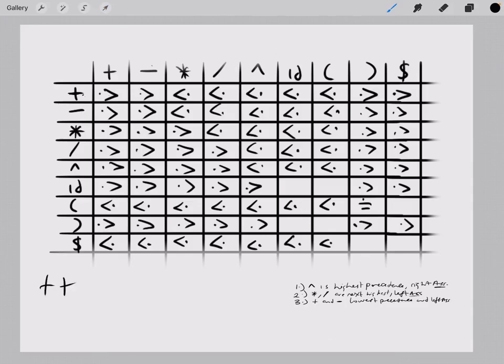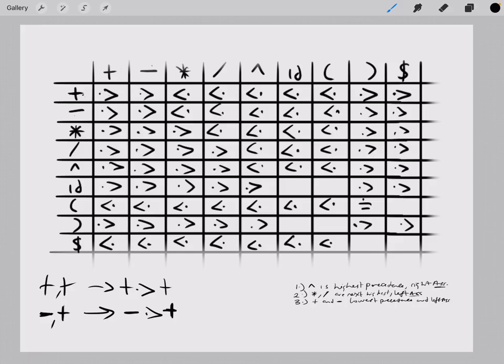Plus plus is what? Plus takes precedence over plus. Plus minus is what? So we are looking at them like this. Oh, sorry. Minus plus: minus will take precedence over plus because of that assumption that they are both of the lowest precedence and it's left associative.